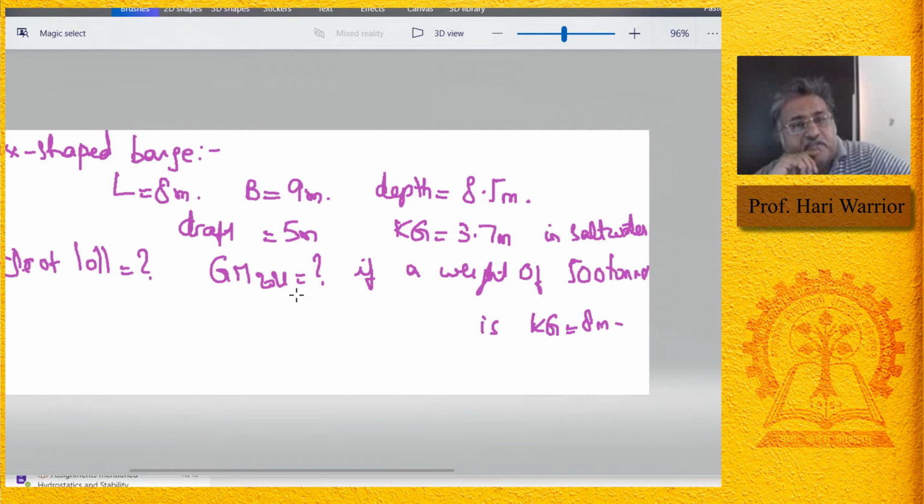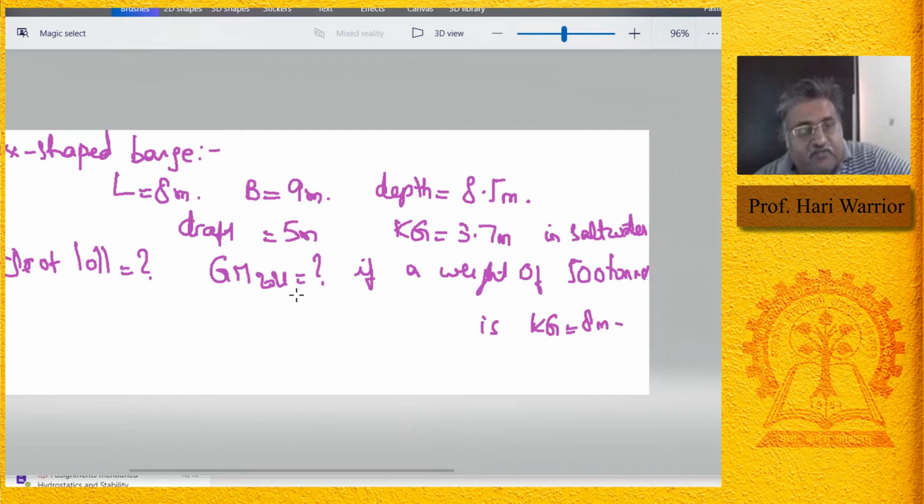This is all coming from previous lectures, beginning lectures. In fact, there we define what is KM for a box-shaped barge. KG plus... Just tell me what is the KM of a box-shaped barge.